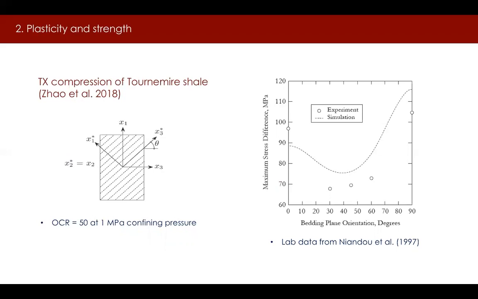The model approximately captures the U-shaped variation of strength, including the fact that the left shoulder at theta equals 0 is lower than the right shoulder at theta equals 90 degrees. The lower strength in the bed normal direction could be due to a bending mechanism on the clay particles that reduces the strength and stiffness of the rock in the bed normal direction.